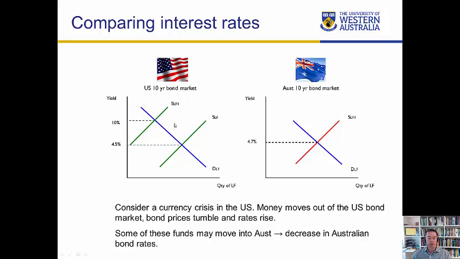So on the left-hand side, I've modeled this as a reduction in the supply of loanable funds in the United States bond market. So investors sell their bonds, they take those loanable funds and they move them out of the bond market, and that pushes yields up. Now, if that's the case, then that money that is moving out of the US may actually begin to move into Australia. So what we may see is the supply curve of loanable funds in Australia actually shifting to the right, which is actually going to push the yield in Australia down at a time when the yield in America is going up.